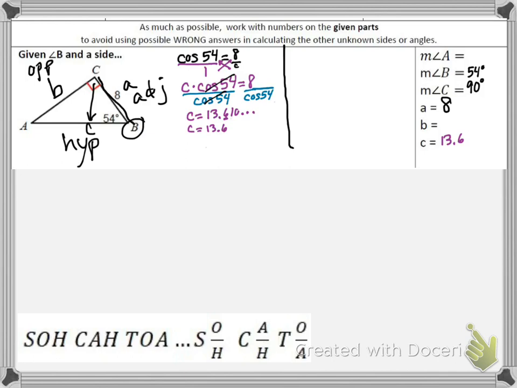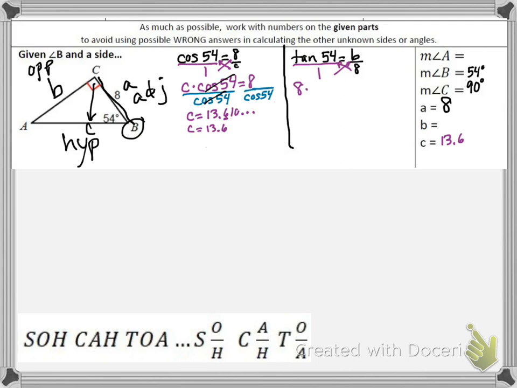So the one that uses opposite and adjacent is tangent. So I'm going to say tangent of the only angle I know is the side opposite, which is B, over the side adjacent, which is 8. And again, let's throw 1 underneath. Let's cross multiply.